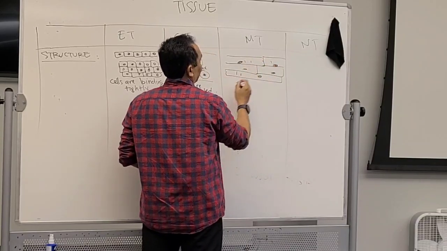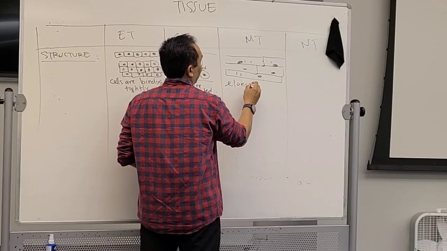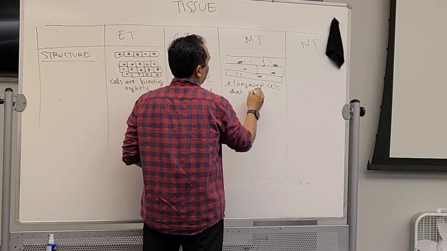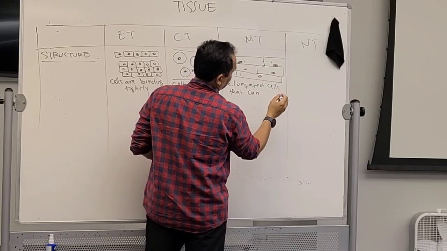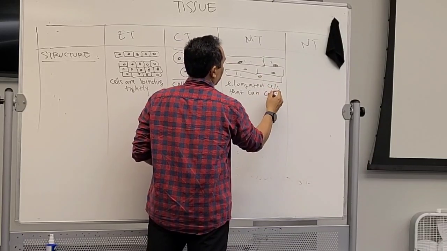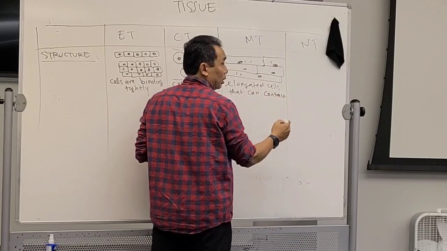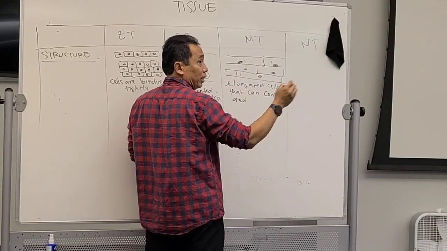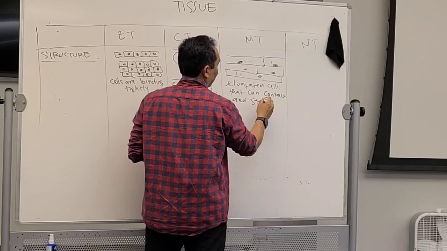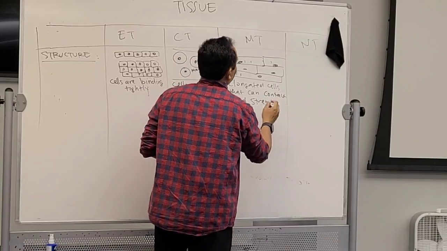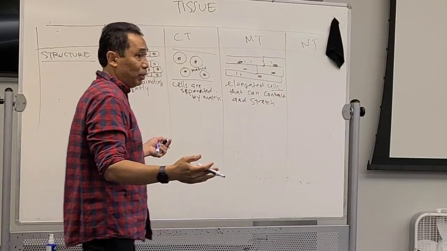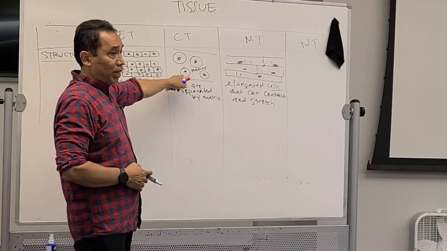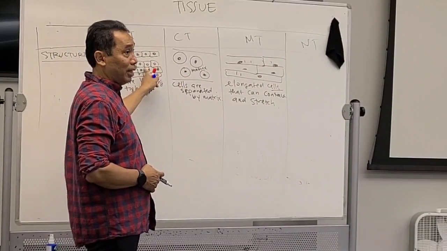So it consists of elongated cells that can contract, meaning shorter, and stretch, which is longer. So the cells are able to contract and stretch. The cells in connective tissue are separated by matrix. This one binds together tightly.